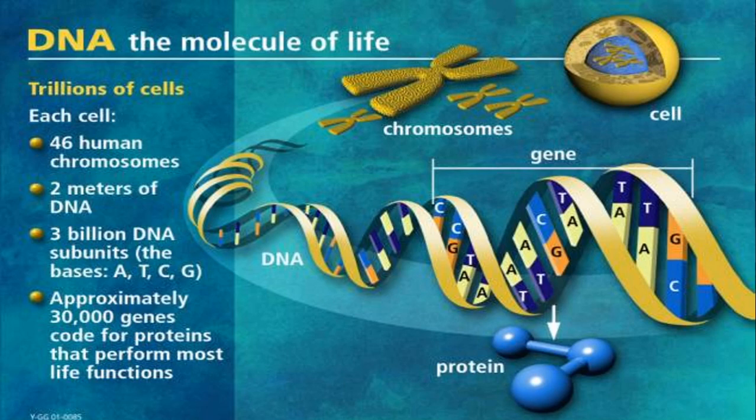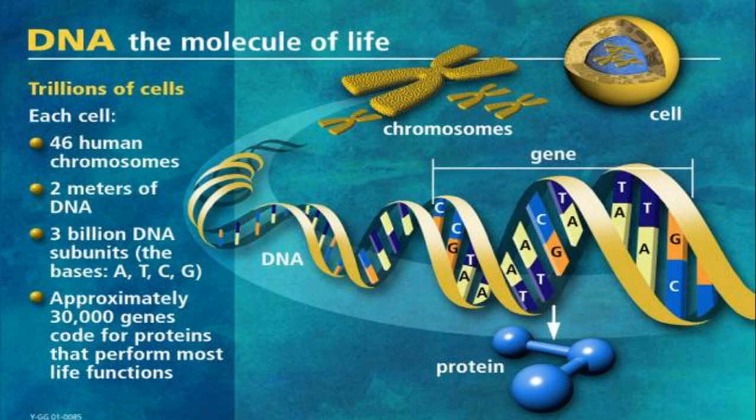If extended out, the entire chromatin will extend to approximately 2 meters of length. The genetic material, the DNA content inside the nucleus, is in turn made up of 3 billion DNA subunits, that is the bases adenine, thymine, cytosine and guanine. There are 3 billion base pairs.